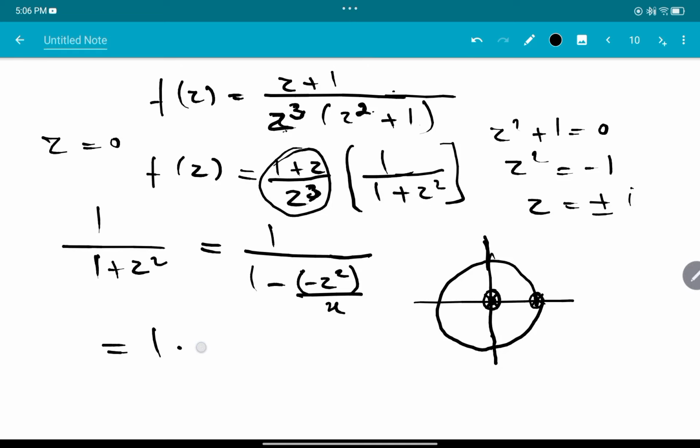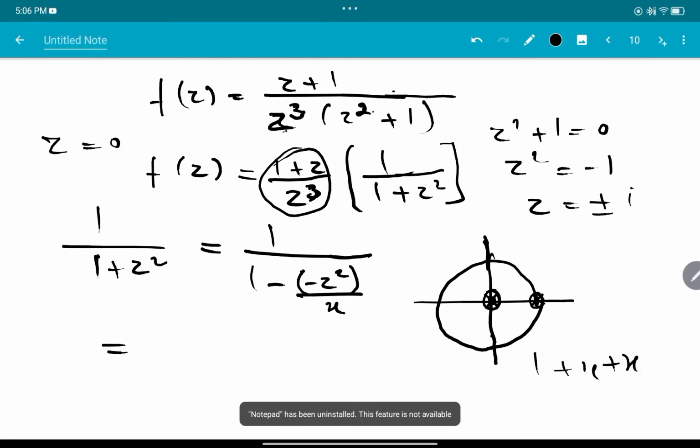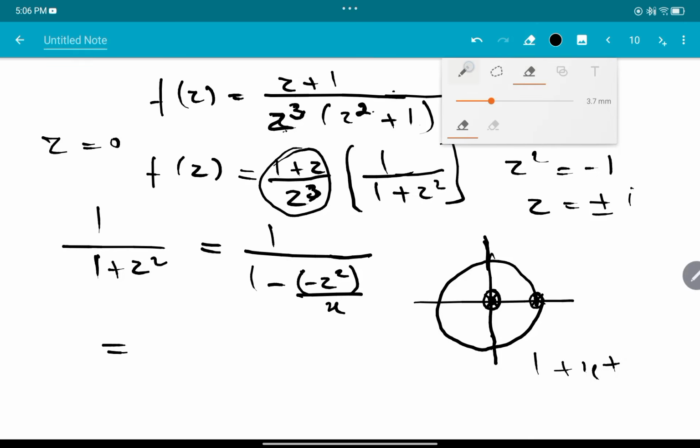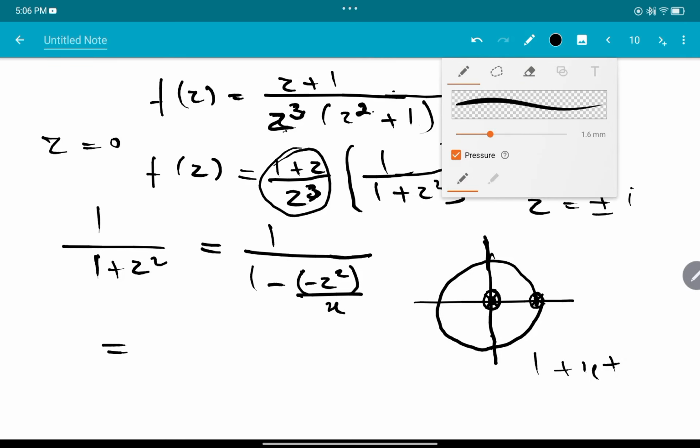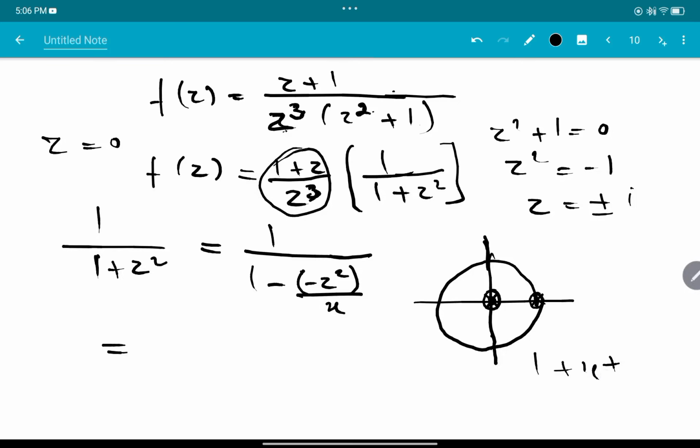It will be 1 minus z square plus z4 minus z6, z cube. Sorry. It is 1 minus, first of all, I'm sorry. Yes, it is 1 plus x plus x square plus x cube.